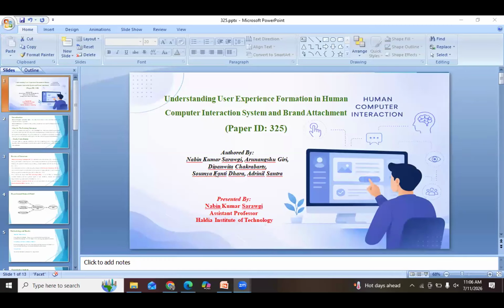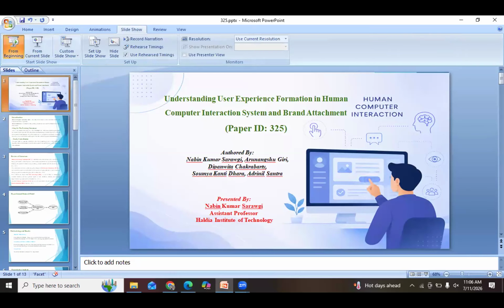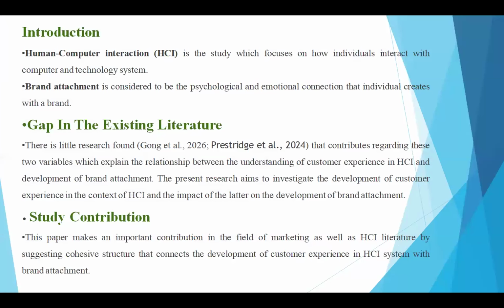So my name is Naveen Kumar Saraugi, and I'm going to present a paper on Understanding User Experience Formation in Human-Computer Interaction System and Brand Attachment. Introduction. Human-computer interaction is the study which focuses on how individuals interact with computers and technology.